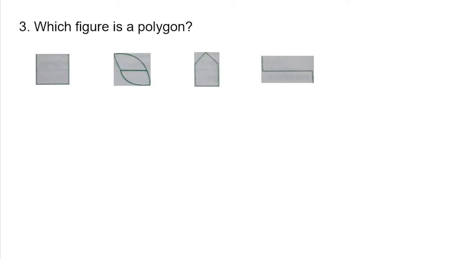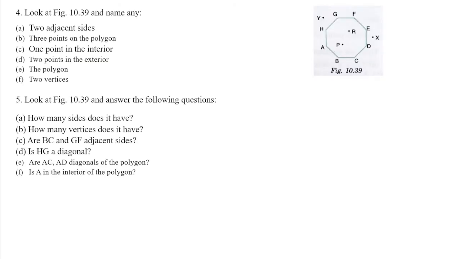Alright, let's move on. Here it says look at figure 10.39 and name any two adjacent sides, 3 points on the polygon, 1 point in the interior, 2 points in the exterior of the polygon, and 2 vertices. So let's go through each and every single question and we'll discuss the new topics.